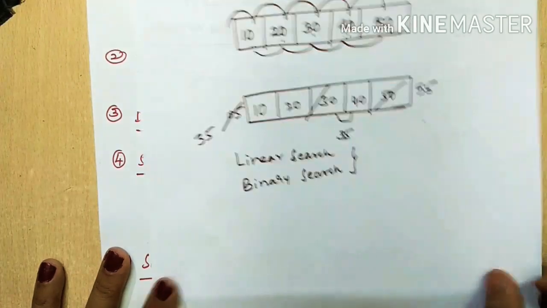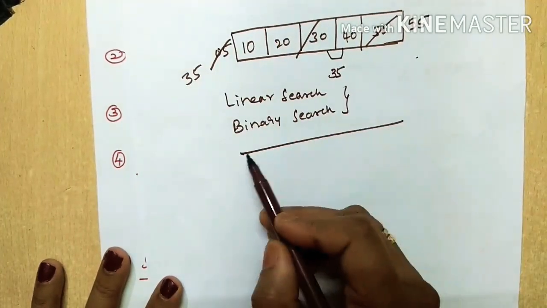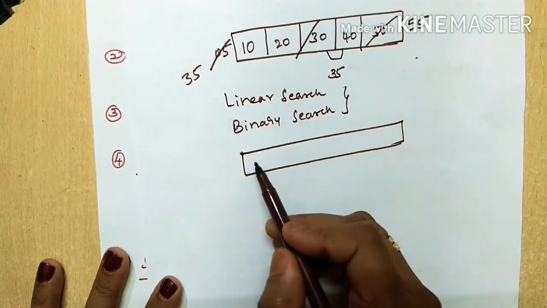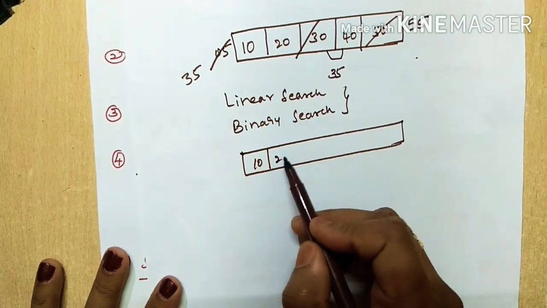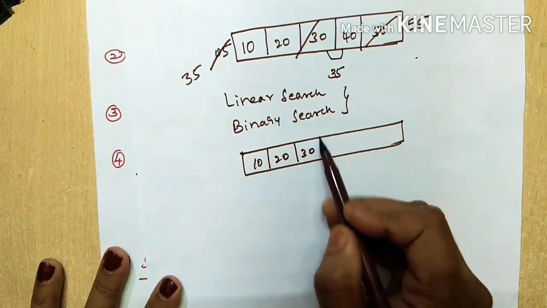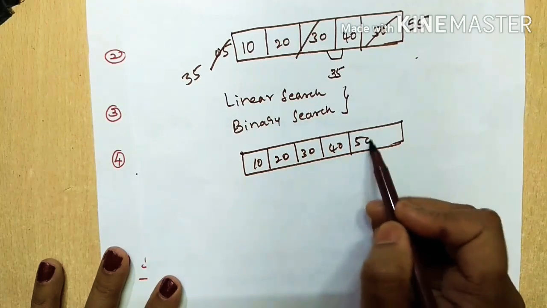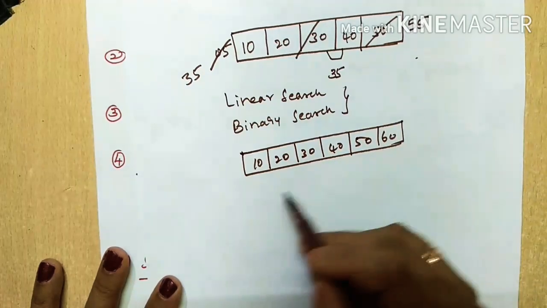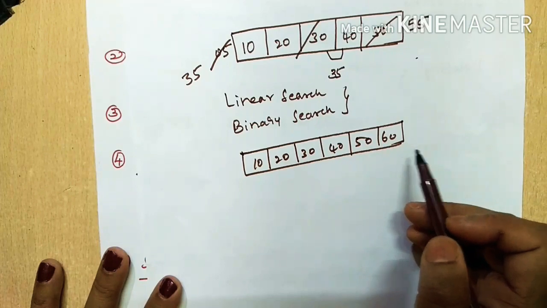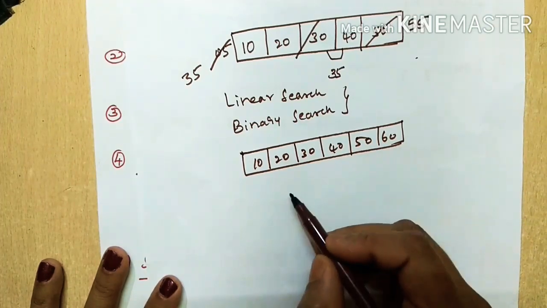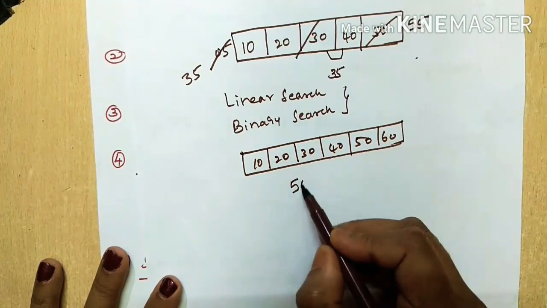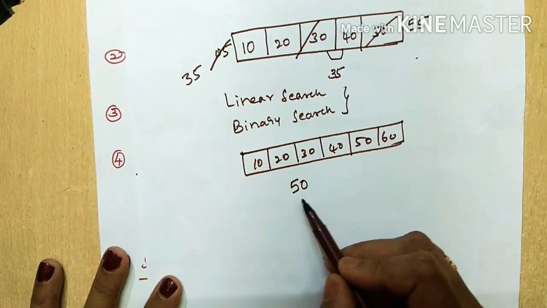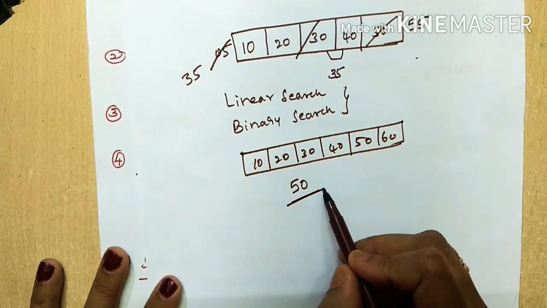See, for example, I have a value 10, one more data element 20, 30, 40, 50, 60. Like this, I have the set of elements. Now, I want to find whether the element 50 is available or not.